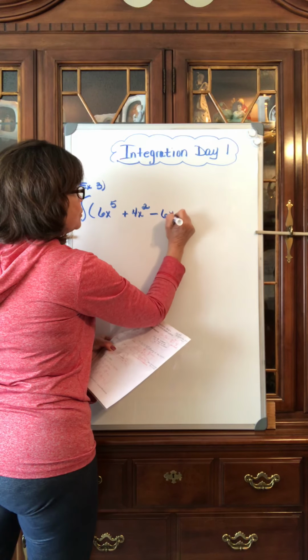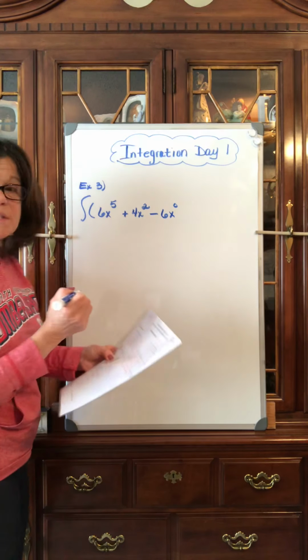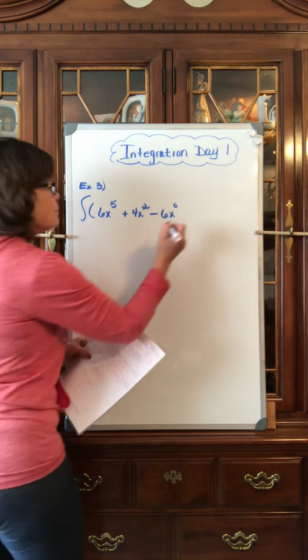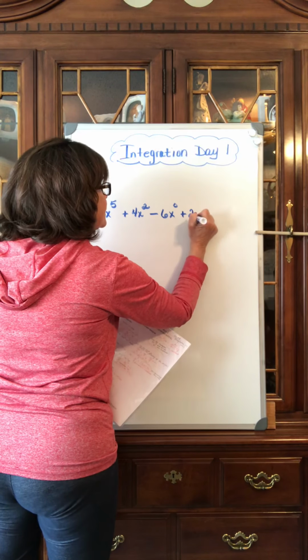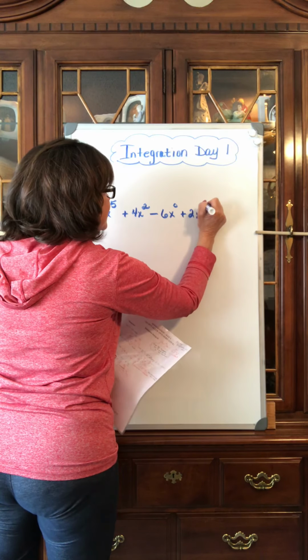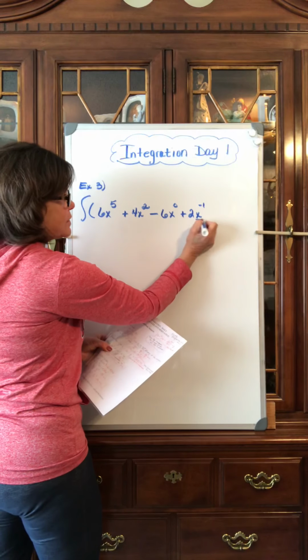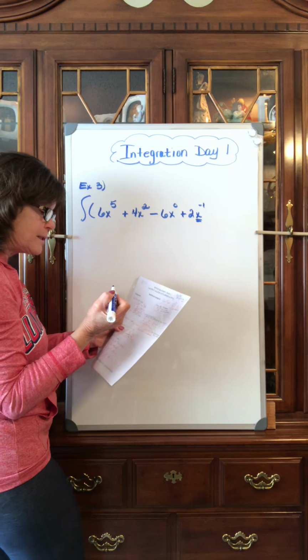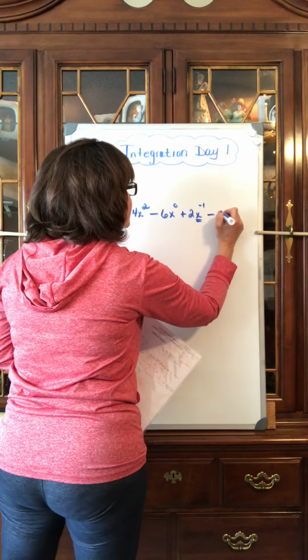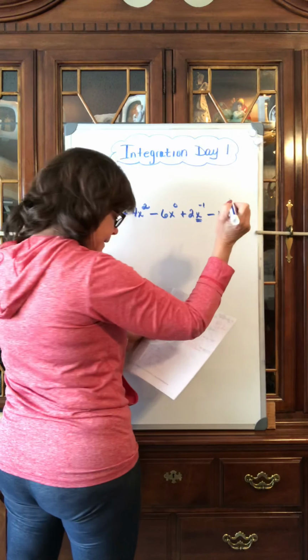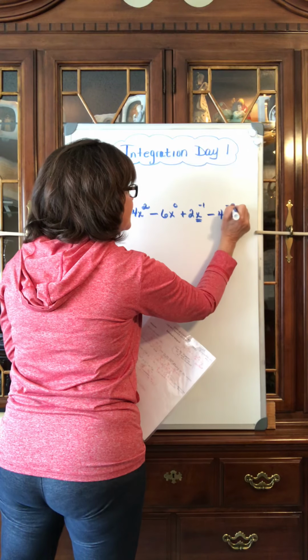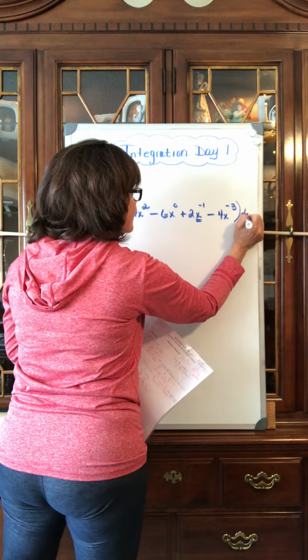Now, if it helps, you could write that as an x to the 0. It's just the constant 6 plus 2 times x raised to the negative 1 power. Here's our special situation right there that we're going to have to use. And then minus 4x raised to the negative 3, and then dx.